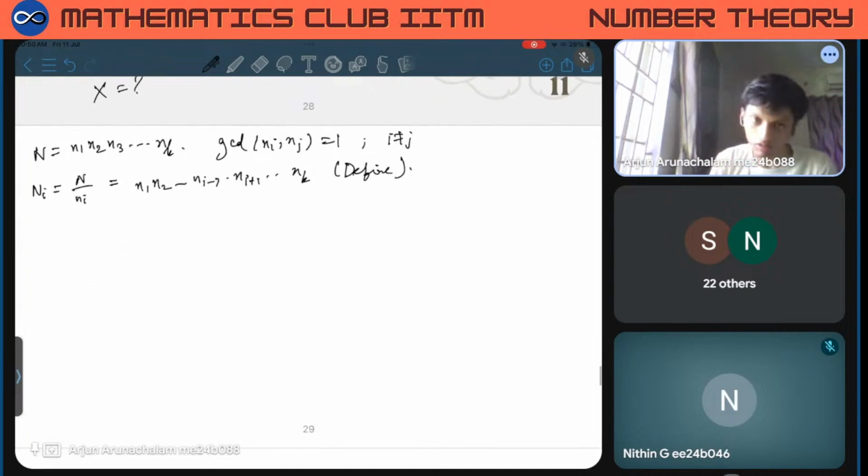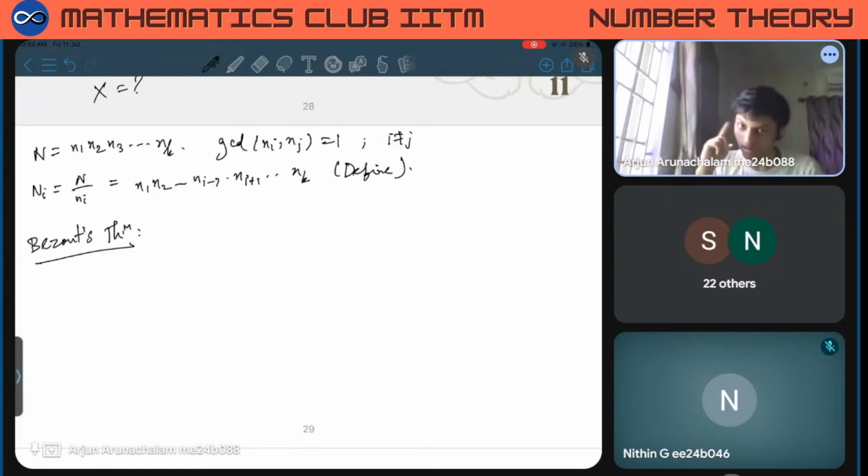So by Bezout's theorem, which we discussed earlier, we have that, also note that Ni and ni are also co-prime. Why?